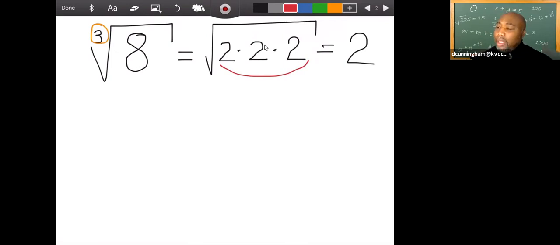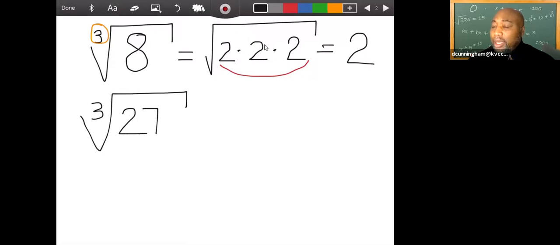Now, let's look at some other ones. Let's look at the cube root, and give another number, 27. Is there a number that you multiply by itself 3 times that gives me 27? Let's see. So we're looking at the radicand, and the index is 3.